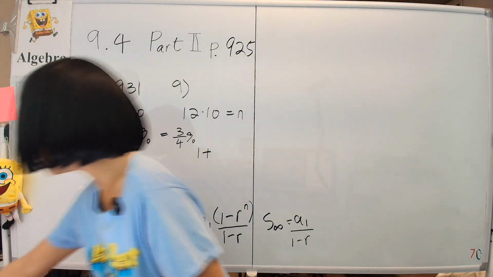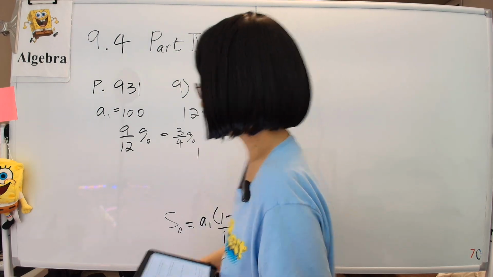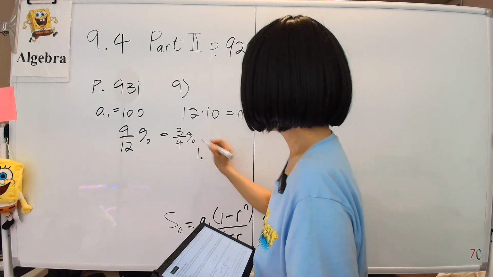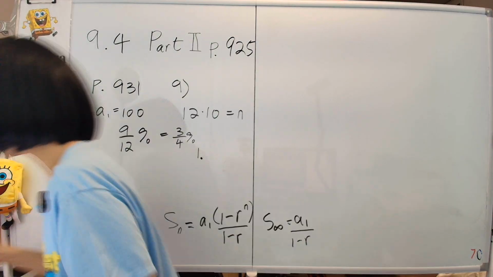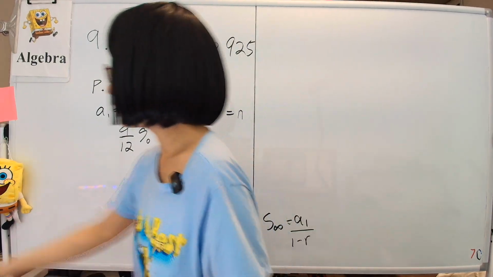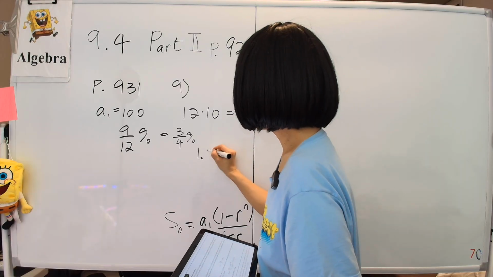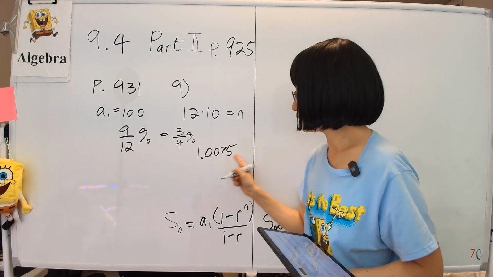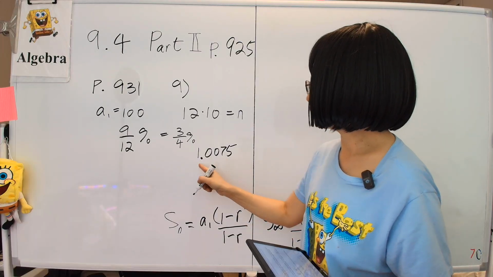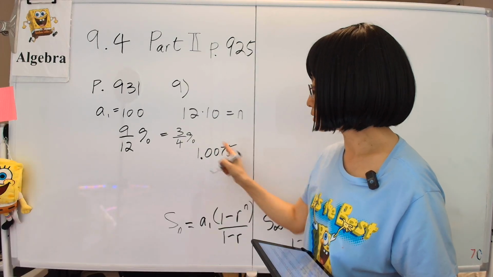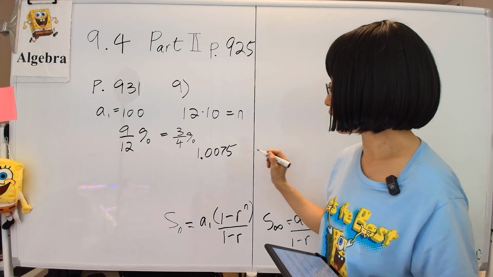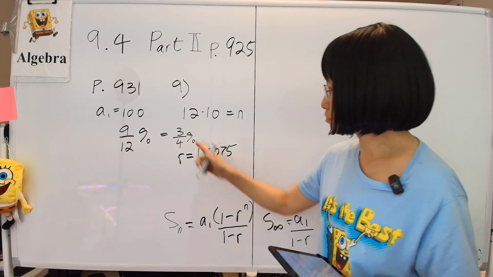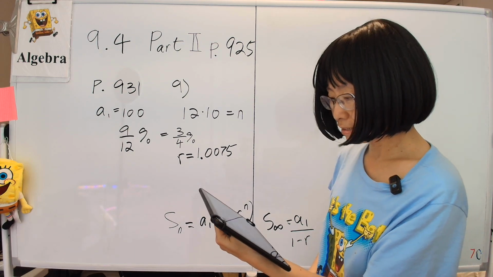So the entire rate is going to be 1.0075, because 3/4 percent is 0.75%, less than 1%, so 0.0075. So this is the value of R, because the ratio is always 1 plus whatever the percentage is.